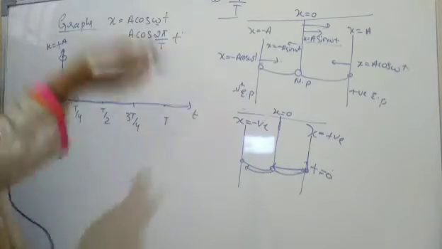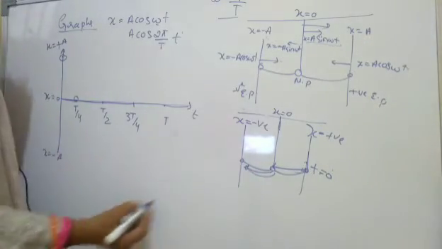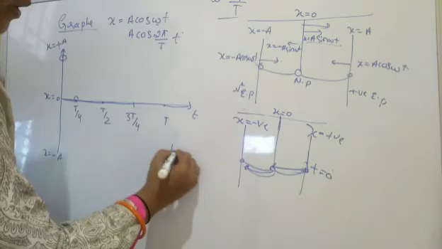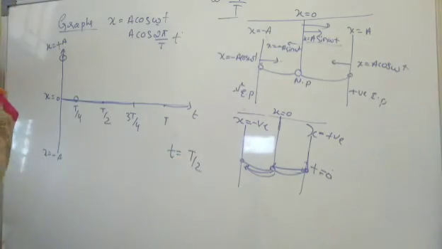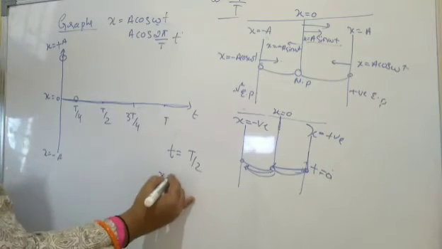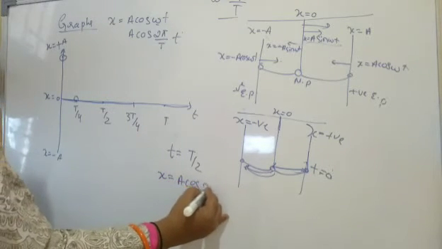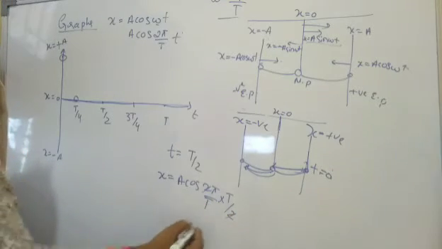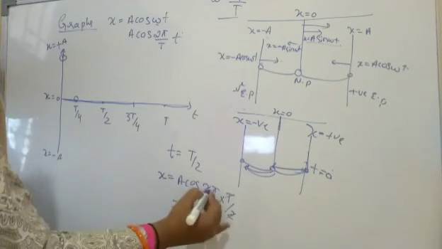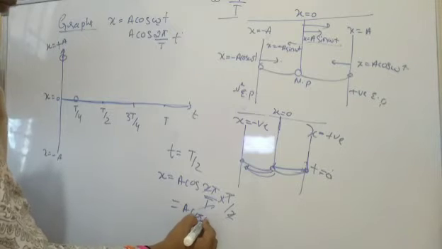Next, original position to negative extreme position means put t is equal to t by 2. X is equal to a cos 2 pi by t of t by 2. The 2 gets cancelled, t gets cancelled, remains with a cos pi.